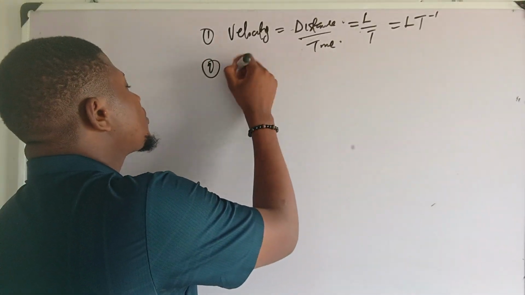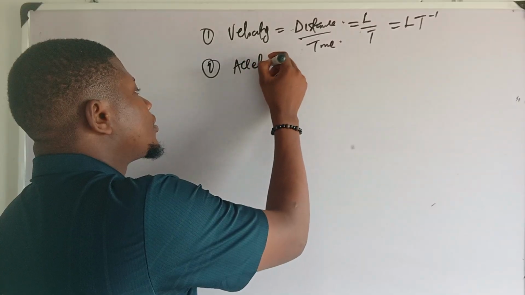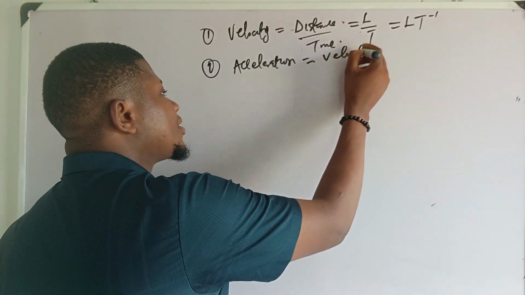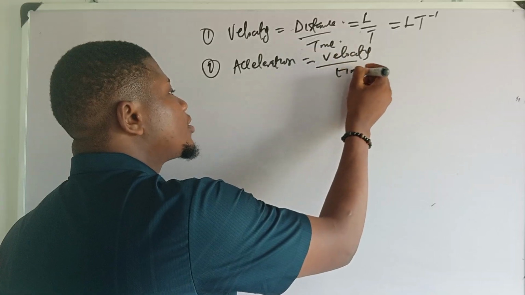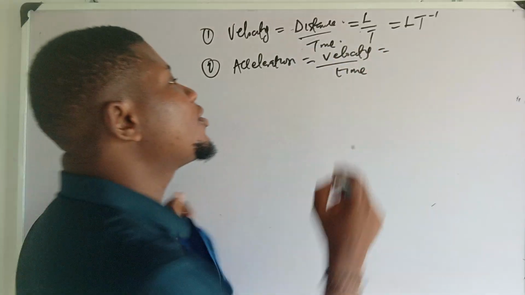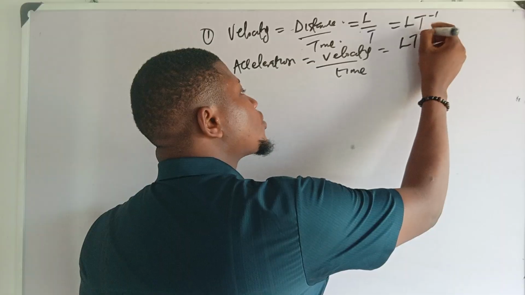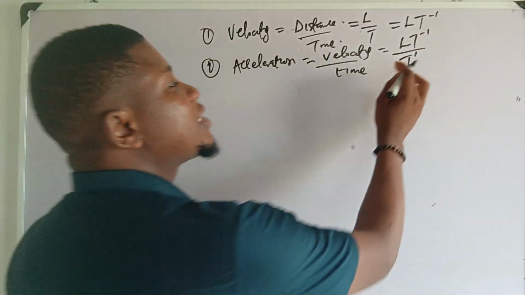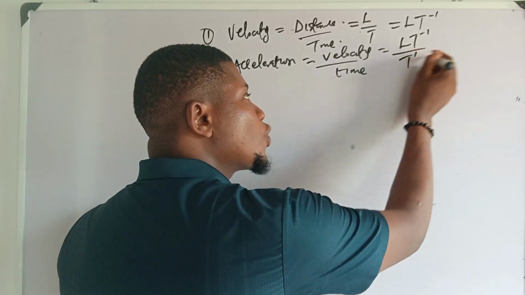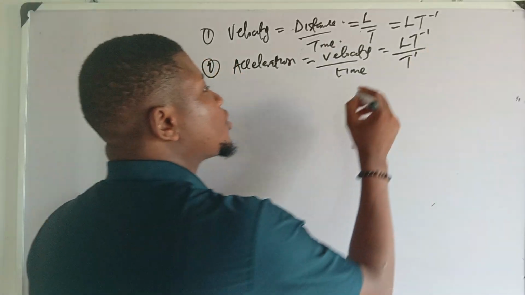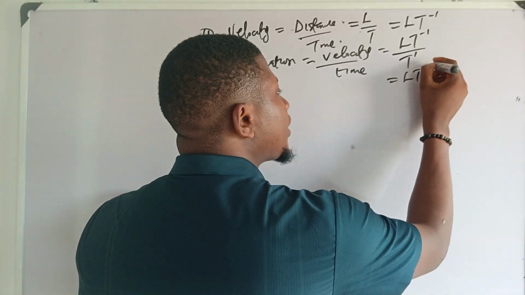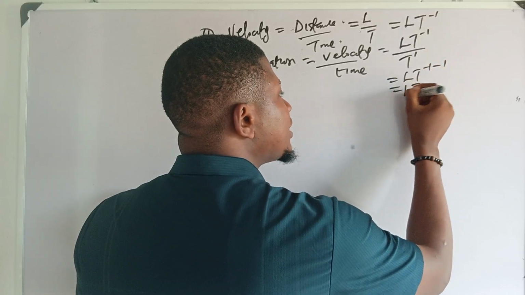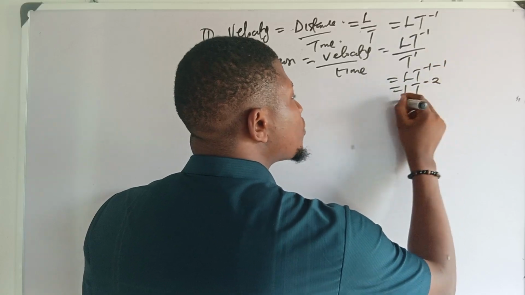Then number two I want us to look at is acceleration. Acceleration is velocity over time. You already know velocity is LT minus 1, over T. T is raised to power 1, and when it goes up it becomes minus 1. So it will be LT minus 1 minus 1, which is LT minus 2.